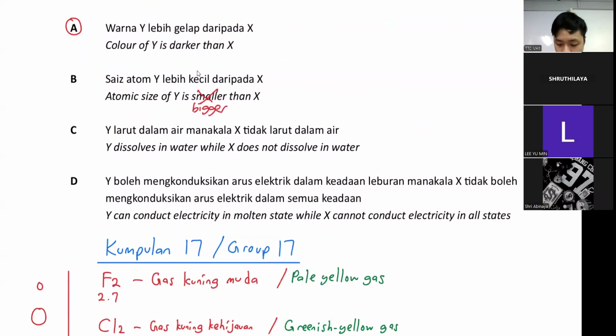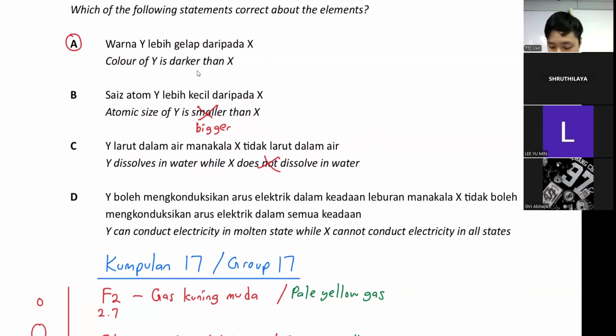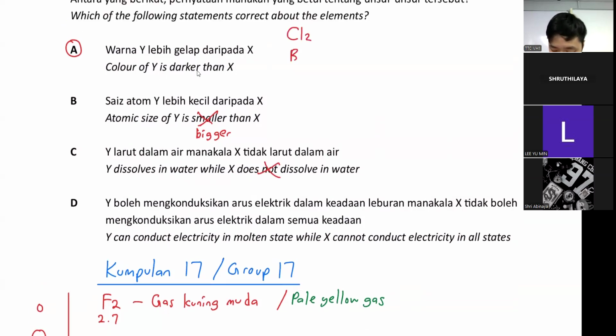C, Y dissolves in water, X does not dissolve in water. Actually, both can dissolve in water. Like chlorine, bromine, iodine can all react with water.